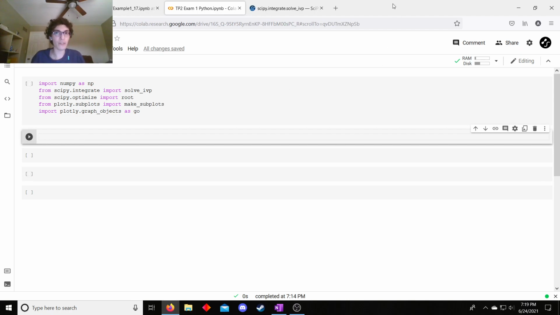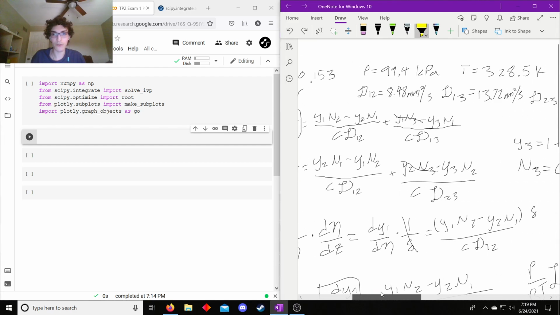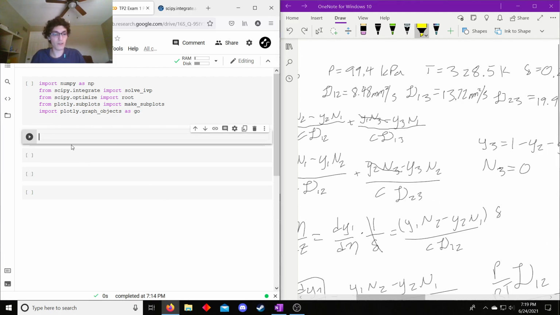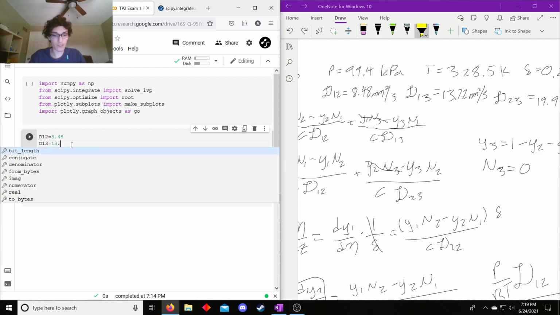Now what we need to do is go through here and give our variables values. So first thing we are going to do is our Stefan-Maxwell coefficients of diffusion, 8.48, and 13.72.